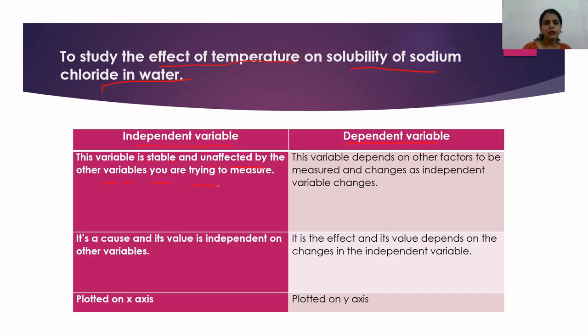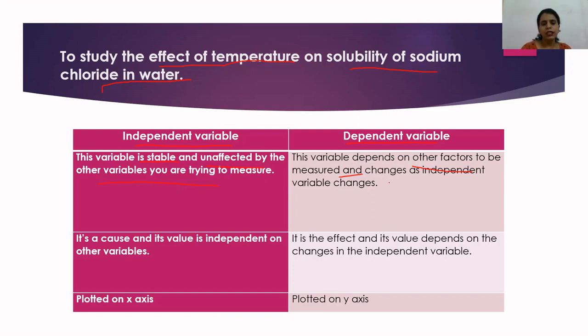Whereas when we talk about dependent variables, these dependent variables depend on other factors to be measured and change as the independent variable changes. So whenever there is any change in the independent variable, the dependent variable will change. Because this dependent variable is dependent on independent variables, or other factors which we are measuring in the experiment.